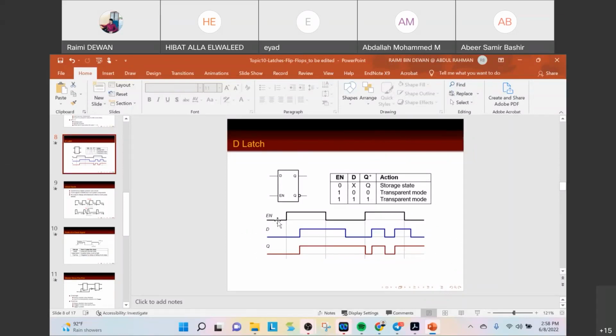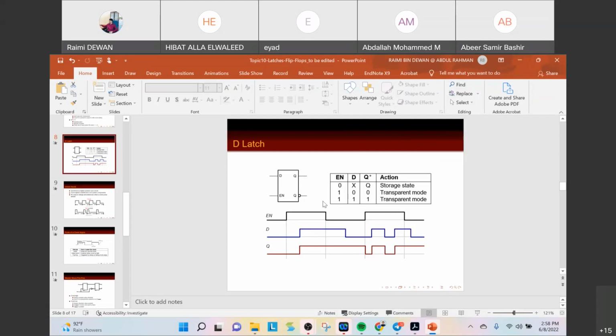Okay, where were we? If you see there is a zero here, it ignores whatever happened with your D. It will just proceed to the previous output that you have, which is, if this is zero, the next one will be zero in storage state.